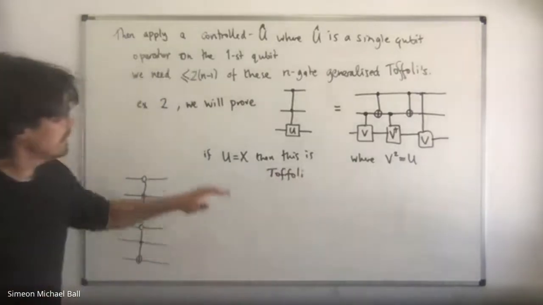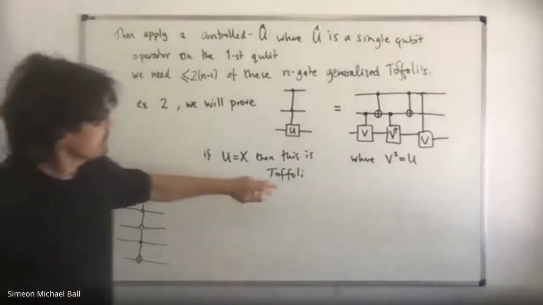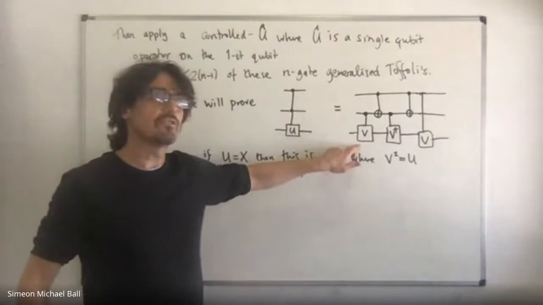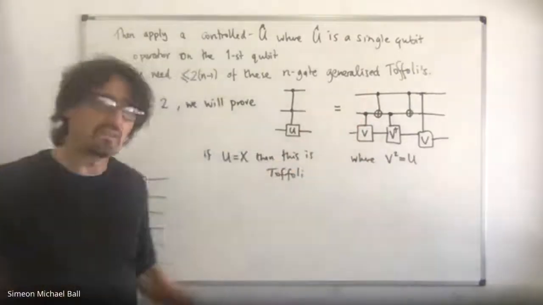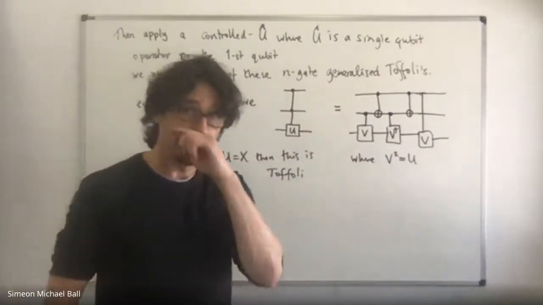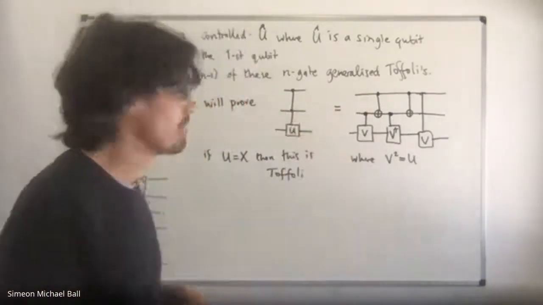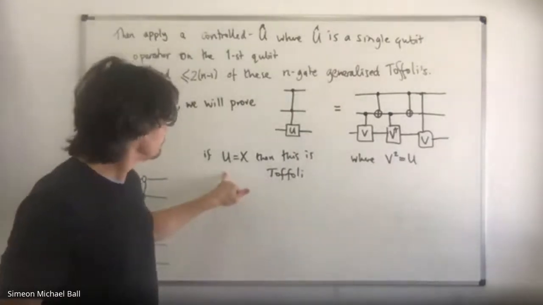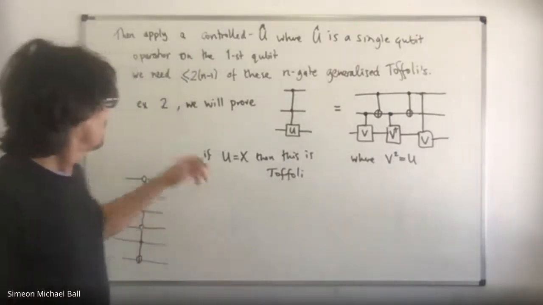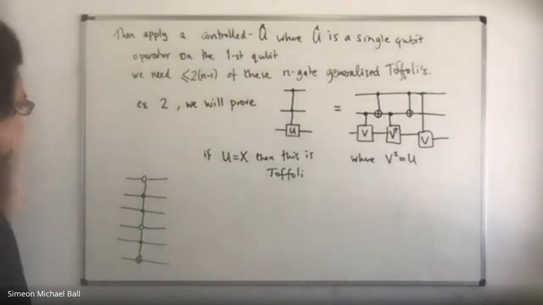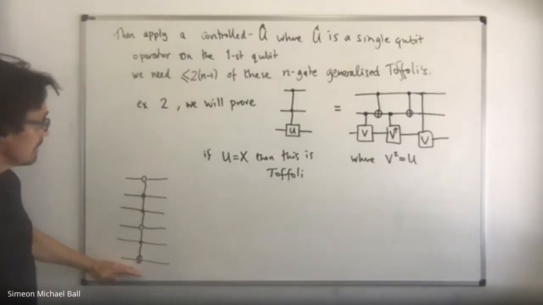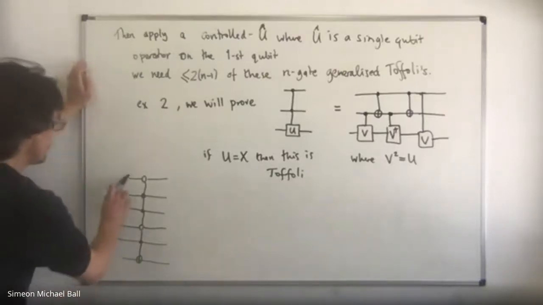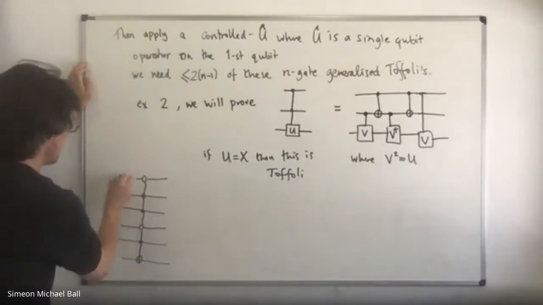So we know that we can break down each one of these into 3 single qubit operators and 2 C-NOTs. That's something like 12 single qubit operators and a similar number of C-NOT gates. So what we need to do is see if we can break these things down into a linear number of Toffolis.